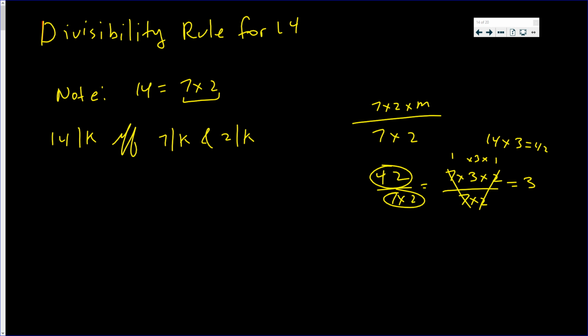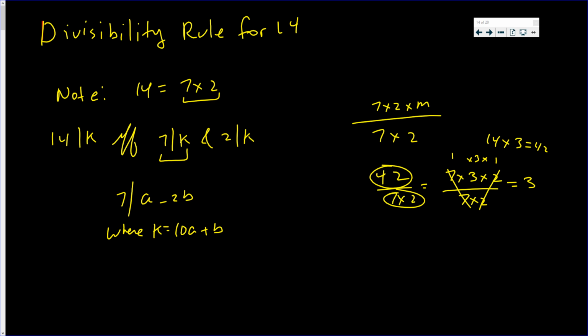Now, the rule for 7 to divide k is that 7 divides a minus 2b, where k is a times 10 plus b, the constant.